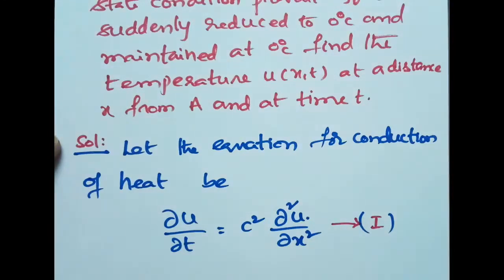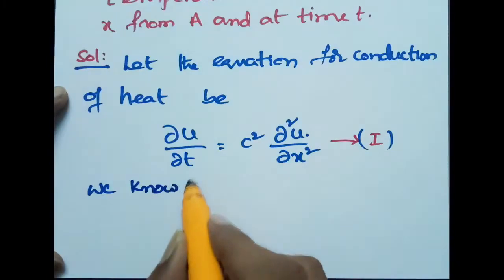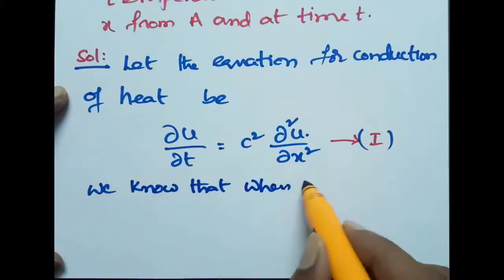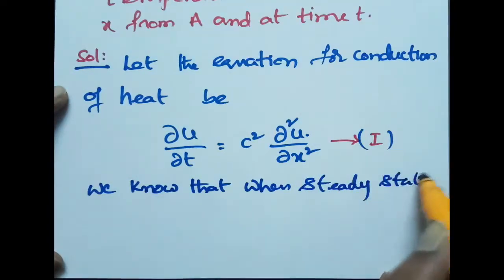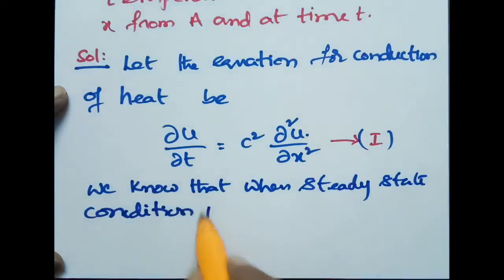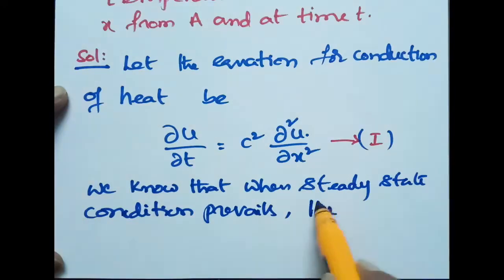That is, u is a function of x alone. u of x comma t becomes u of x.